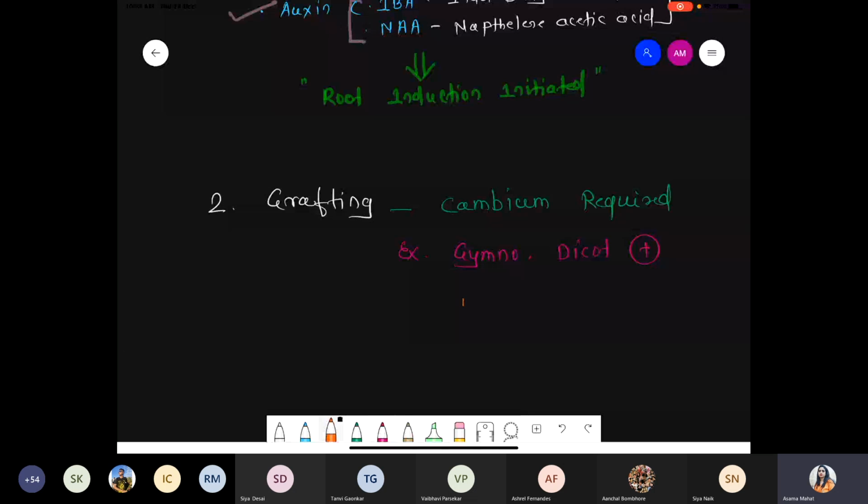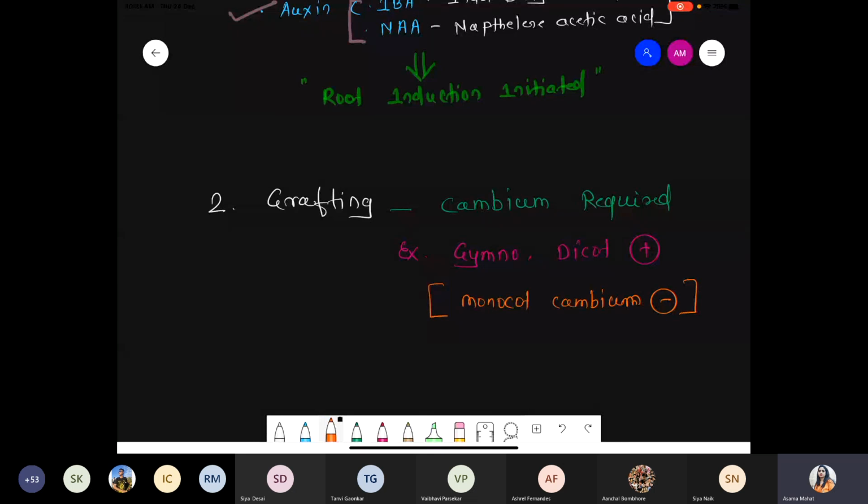But please remember in monocot cambium is absent, right? So that's why for the grafting technique you never use monocot. Got it? So gymnosperm and dicot you can use as experimental material for grafting. So what is the meaning of grafting? Let's talk about it.